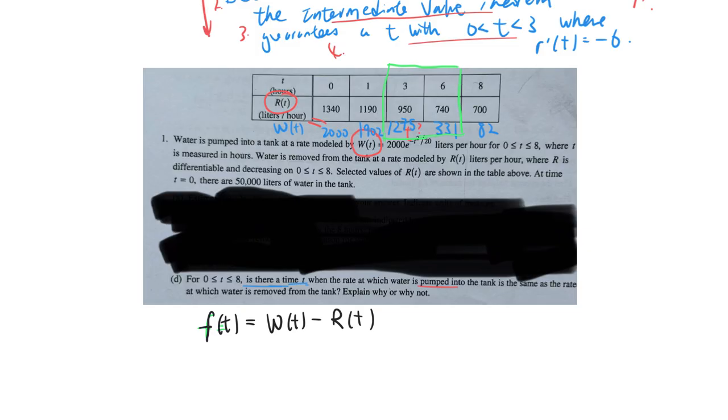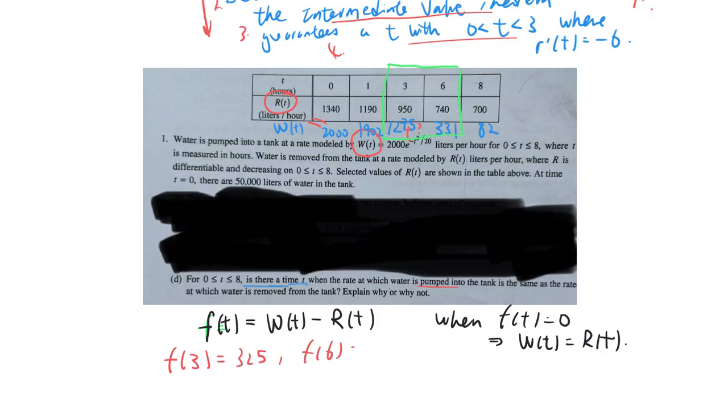And when f of t is equal to 0, then we have that w of t equals r of t, which is exactly what we want. So we're going to notice here that f of 3 is equal to positive 325, and f of 6 is equal to this minus this, and that's going to be negative 409.